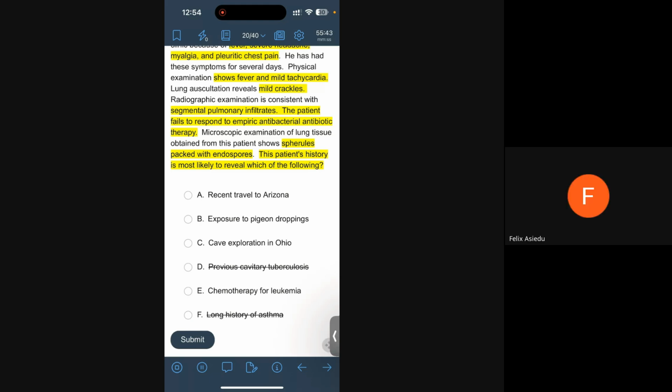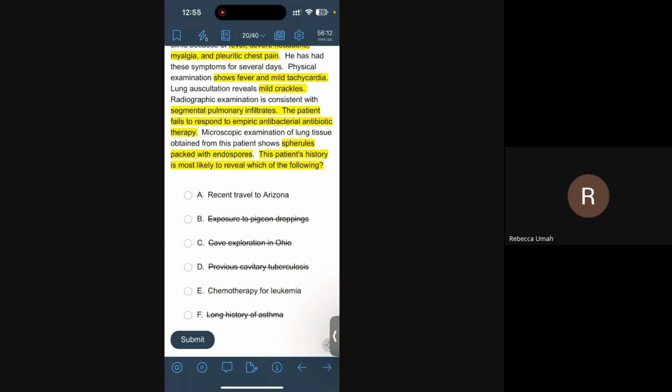Exposure to pigeon droppings is Cryptococcus neoformans. Cave exploration in Ohio is Histoplasma.